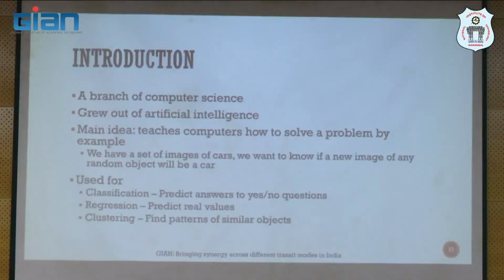Clustering is slightly different. Clustering is where you are trying to group similar objects. There is no predefined group 1, group 2, group 3. You are just given a bunch of items, and then looking at the characteristics and features of these items, you are grouping them: this set of records look similar, they should be cluster 1.